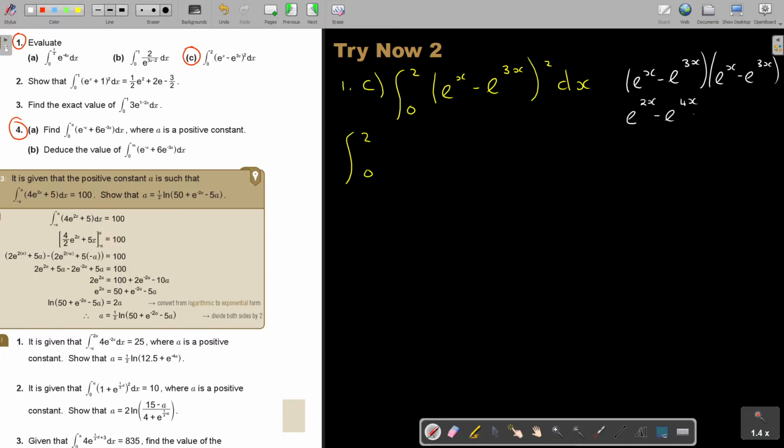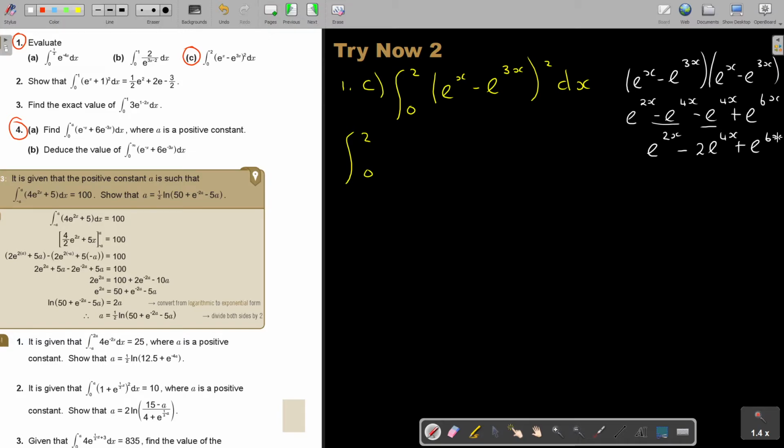If I multiply, I keep the base, 3x plus x is 4x. And a negative times a negative is positive e, and then it's going to be 3x plus 3x, and that's 6x. And then that's going to be e to the power 2x. Do you see that this is so? It's e^2x minus 2e^4x plus e^6x.